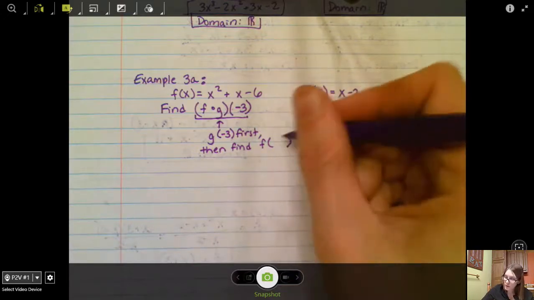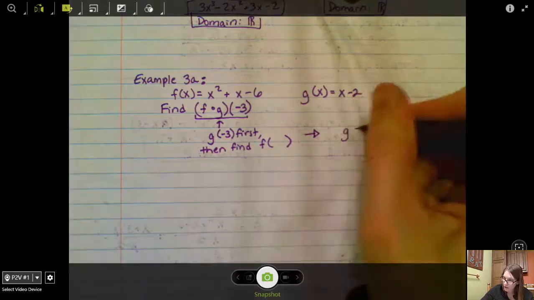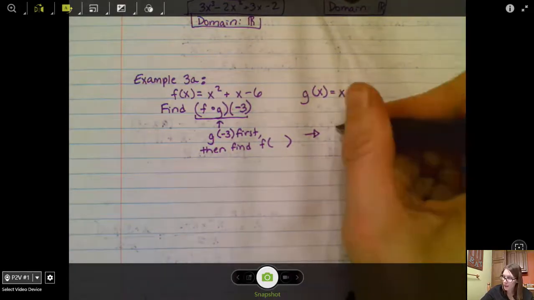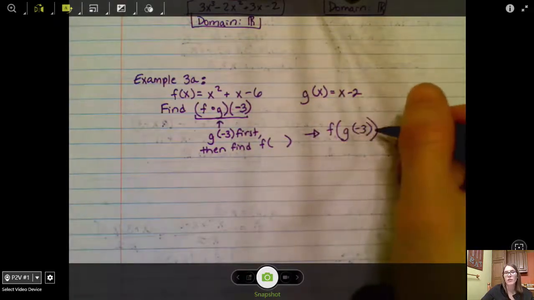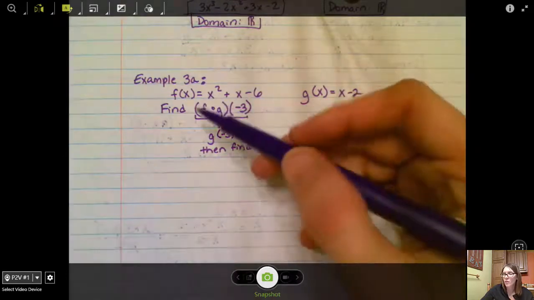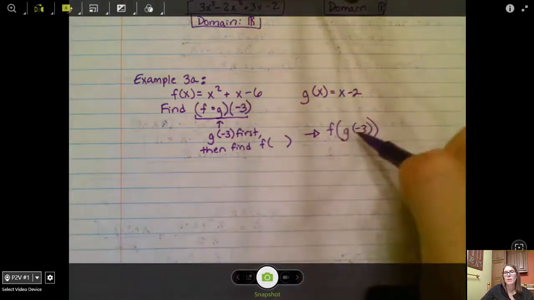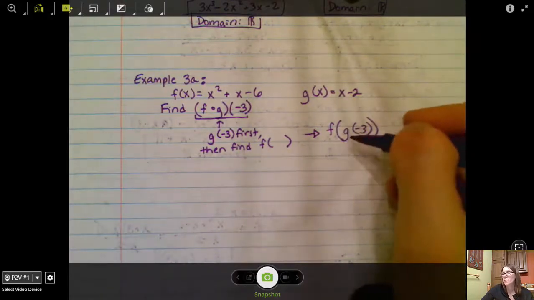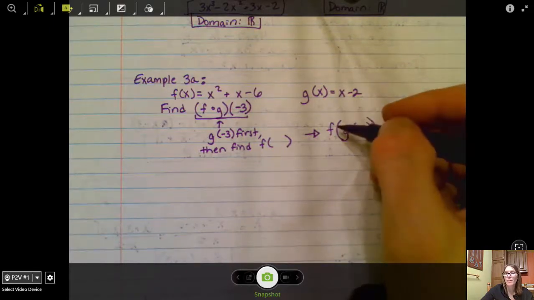So in other words, we're finding g of -3, and then we're going to take that, plug it into function f. So f of g of -3. A lot of times people like to rewrite our composition like this, because it makes it a little bit easier for people to think about and to remember what they need to do. But we find g of -3 first, plug it into function f.